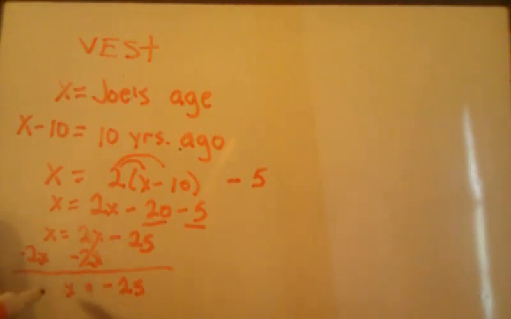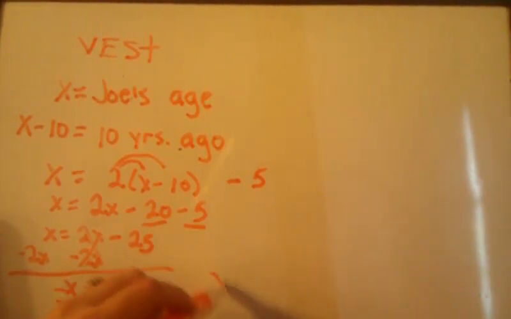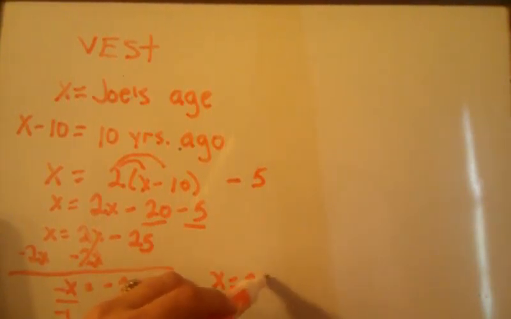X minus 2X is negative 1X, so that doesn't make sense. Okay. The opposite of X is minus 25. Divide them each by negative 1. So X equals 25.